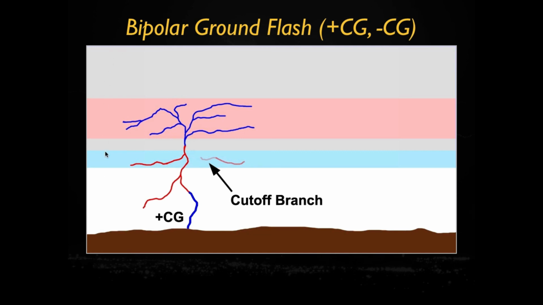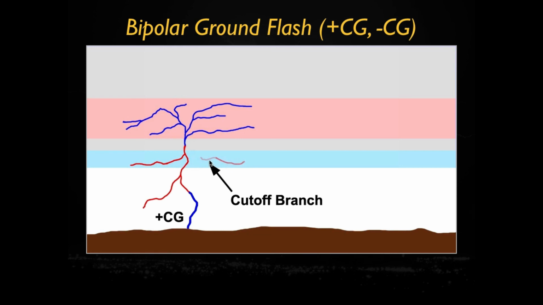So the cloud base extends down to this point right here, and we have this negative charge region right at cloud base. We see the bipolar development, we see the positive leader come down, but during that process one of the branches propagating horizontally through this negative potential well becomes cut off from the main channel and therefore does not participate in the return stroke, and acts as an independent positive leader, which we've shown to be possible.